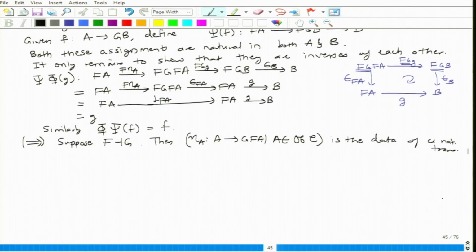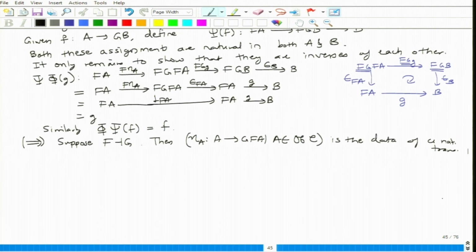Yeah, eta A we obtained. You remember how we obtained eta A? It is a morphism which corresponds to the identity from FA to FA under that bijection. So that we know how to obtain. Okay.